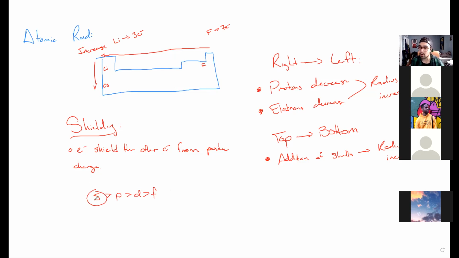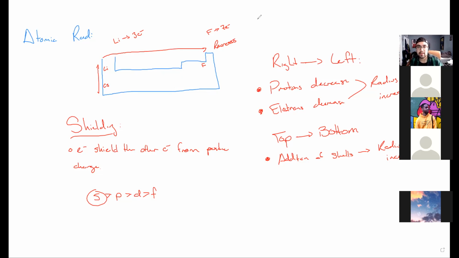So your s will always have the best shielding. So if we change this and do it this way, it decreases going from left to right and decreases as it goes from bottom to top.